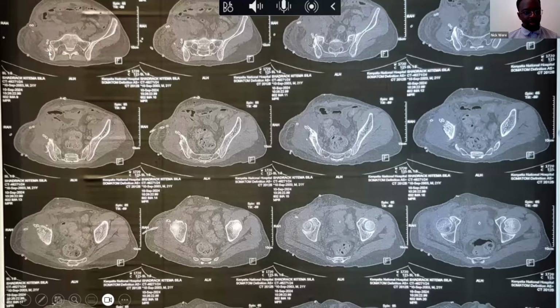You can notice the significant excision of the anterior and middle aspect of the iliac wing with an intact right hip joint.